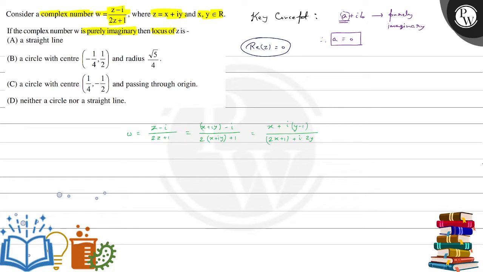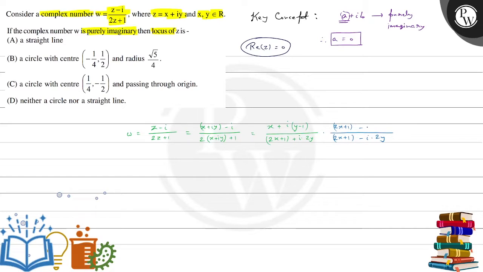In case of a division or a quotient of complex numbers, in order to express this in the a plus ib form, इसको आपको इसके डिनोमिनेटर के कॉन्जुगेट के साथ मल्टीप्लाई करना पड़ेगा. So you have to multiply this with 2x plus 1 minus iota times 2y, ऊपर नीचे.